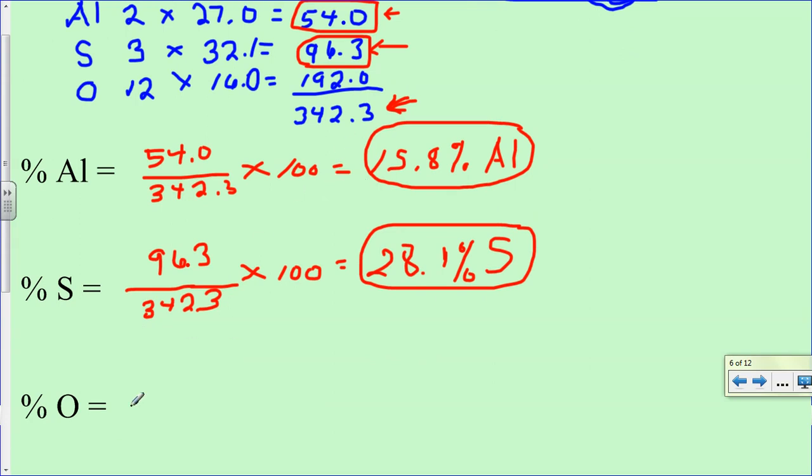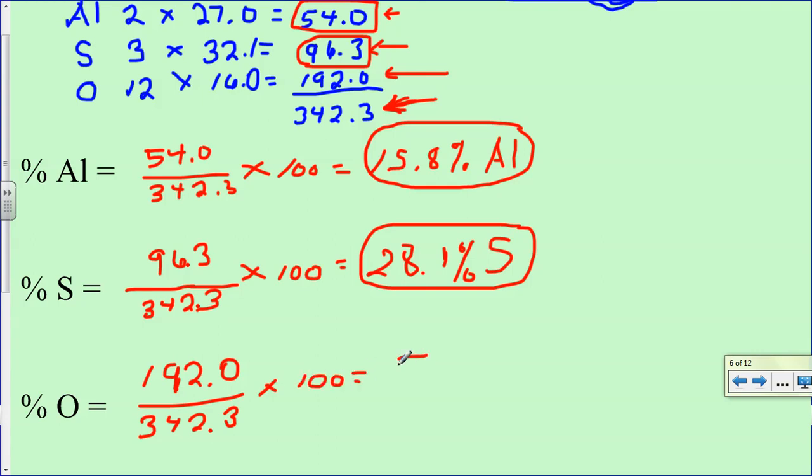Okay, so let's show the math for the final percentage of oxygen. We want to take the 192 divided by our total mass of the compound, times 100, and we get 56.1% oxygen.